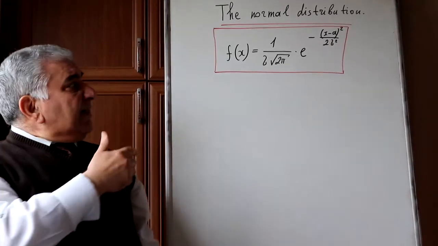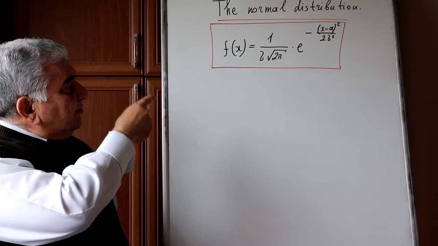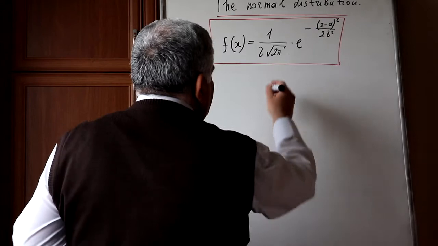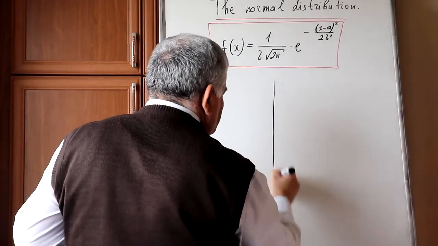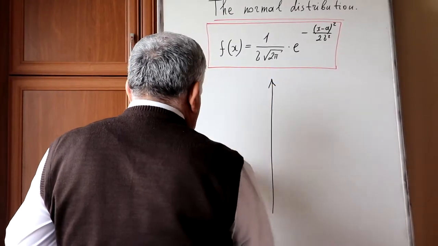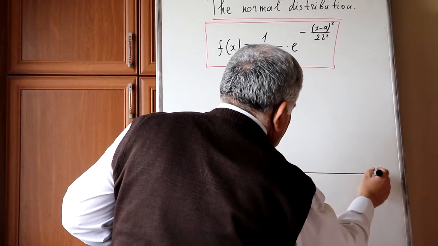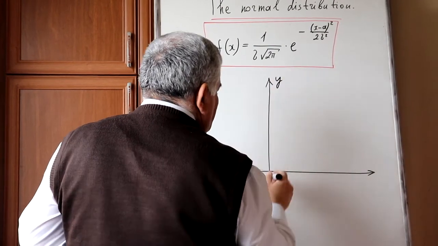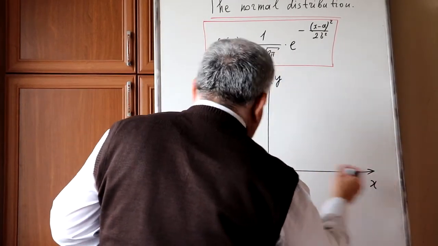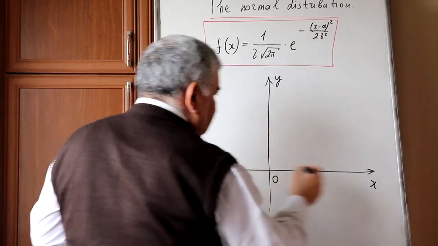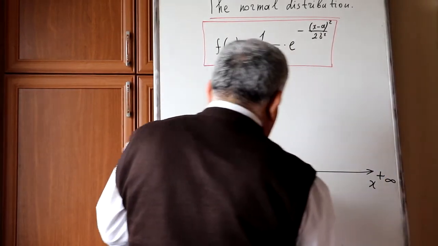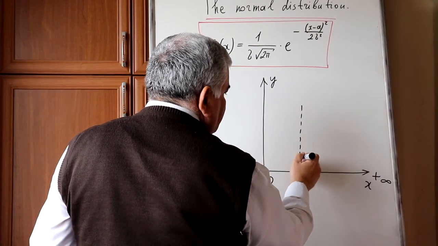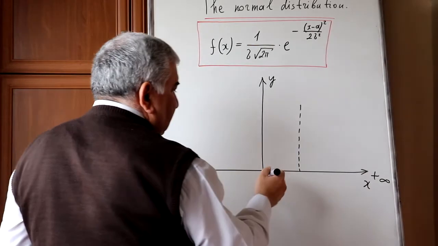Finally, construct the graph of the normal distributive density. Draw the axes Y and 0 X, from minus infinity to plus infinity, and mark the point A on the x-axis.